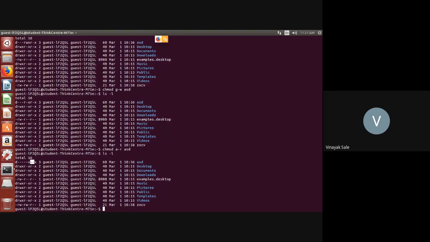R and W present, then readable and writable. And if all are present, that is RWX, then readable, writable and executable. So there are read, write and execute permissions.